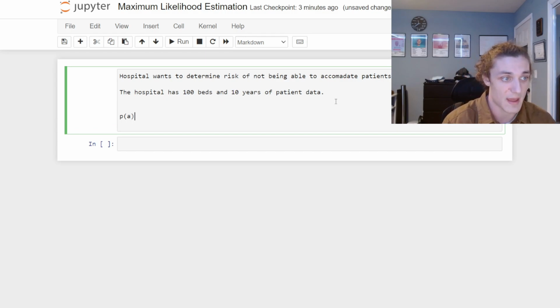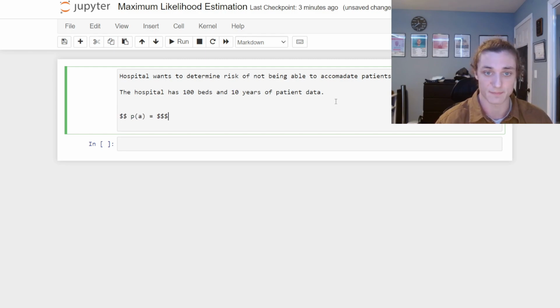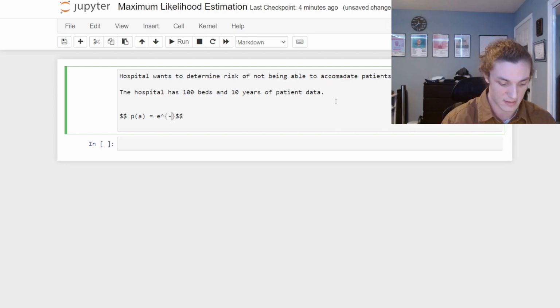I'm going to say P of A is equal to, we'll center LaTeX here, e to the negative lambda, lambda to the A over A factorial, and this is for A equal to 0, 1, 2, 3, and it's going to be 0 otherwise.